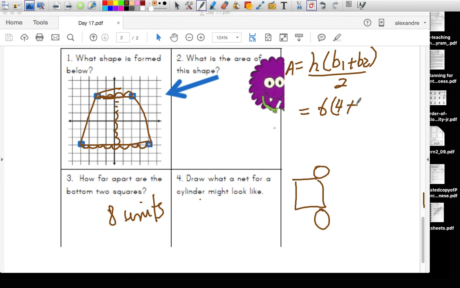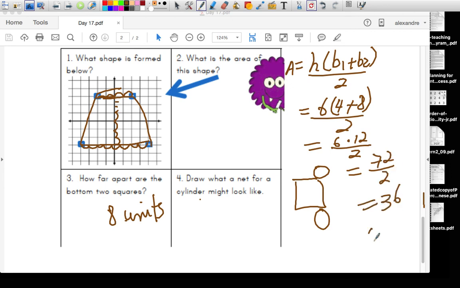B2 we already know because I did that at the bottom. It's 8, and divided by 2. So I'm going to do 4 plus 8, which is 12. So 12 inside my parentheses, and I'm going to multiply that by the 6 that's outside, and then divide by 2. 6 times 12 is 72. Divide by 2, and 72 divided by 2 gives me 36 units squared. Okay, that's it.